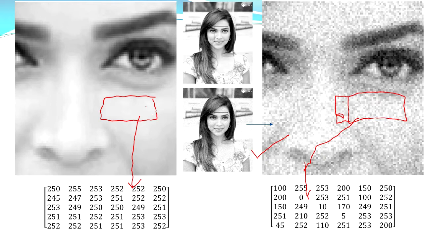Here there are almost all white, or bright, pixels, but all of a sudden you can see some black pixels here, and so on. This is the problem that is making the image noisy. All of a sudden there is a big change, 100 to 200, a change of 100, 255 to 0, a change of 255. So here you can see a lot of small changes.